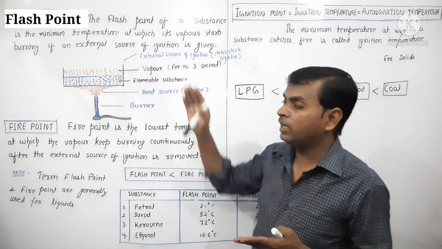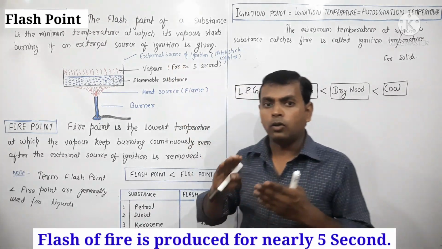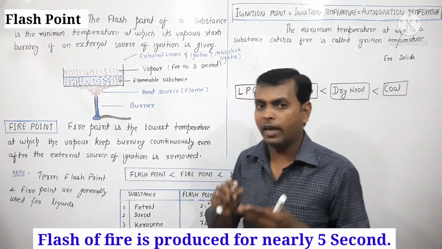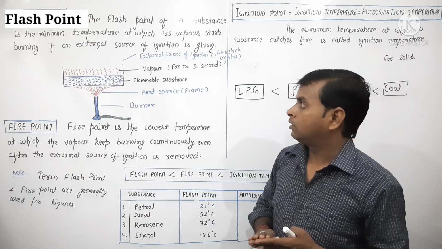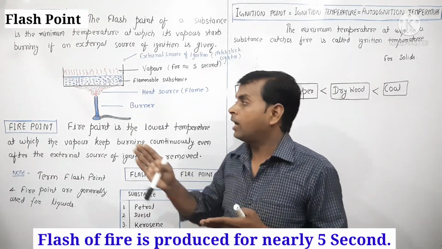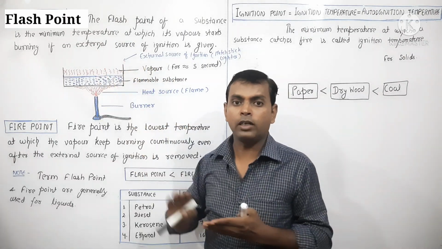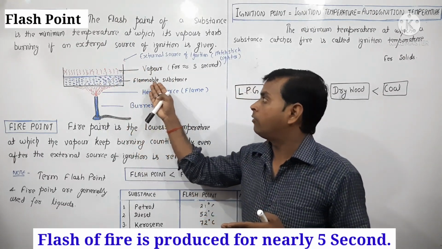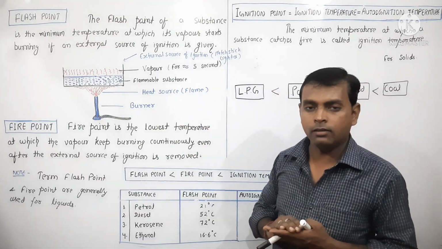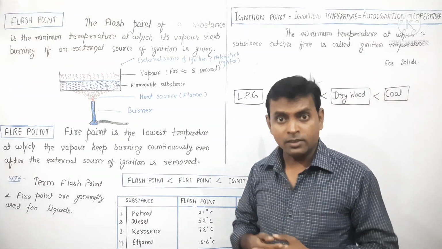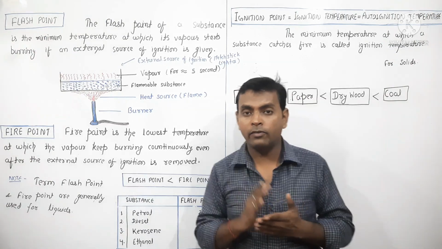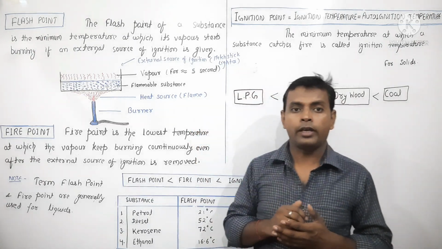This flash is seen for about 5 seconds, not continuously, like a flash of a camera. And this temperature at which the flash is produced is known as the flash point of this particular flammable substance.